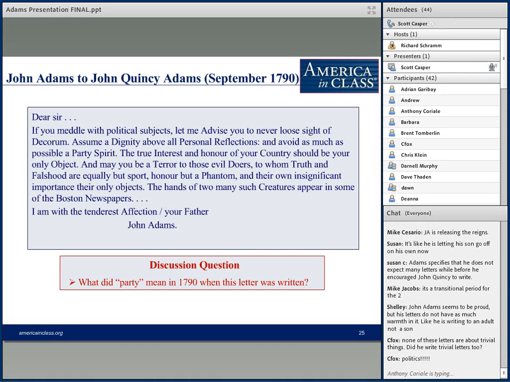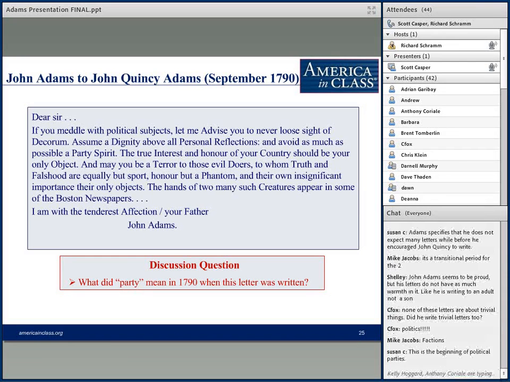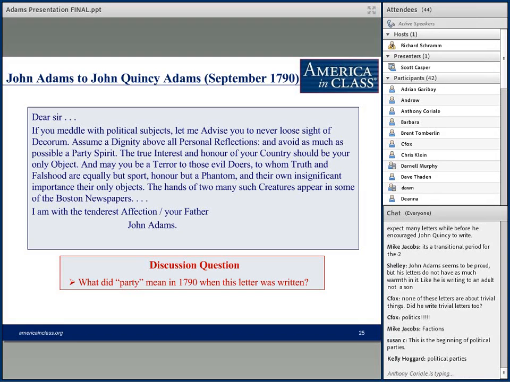What does he mean by party here when he says avoid as much as possible a party spirit? One participant writing politics with several exclamation points. Factions. Exactly. This is the beginning of political parties.